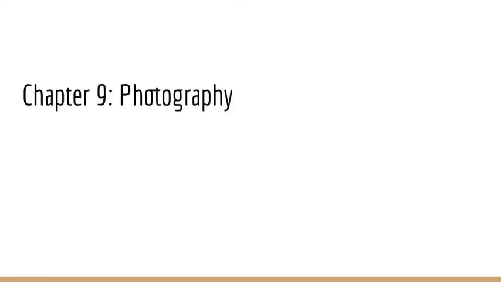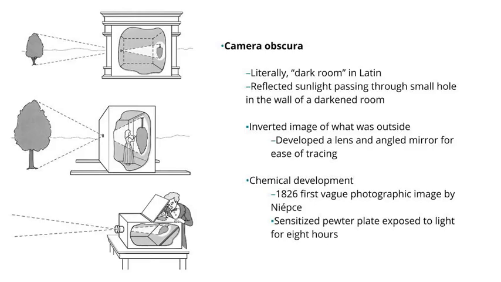But let's first talk about the invention of the camera. So the first camera ever invented was the camera obscura. And camera obscura literally means dark room in Latin. Camera means room and obscura means dark.